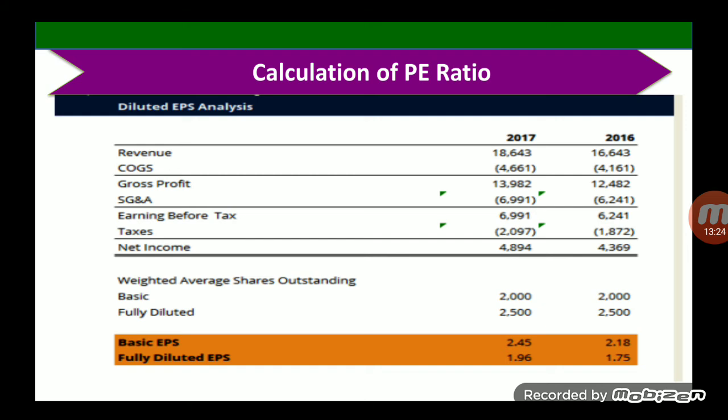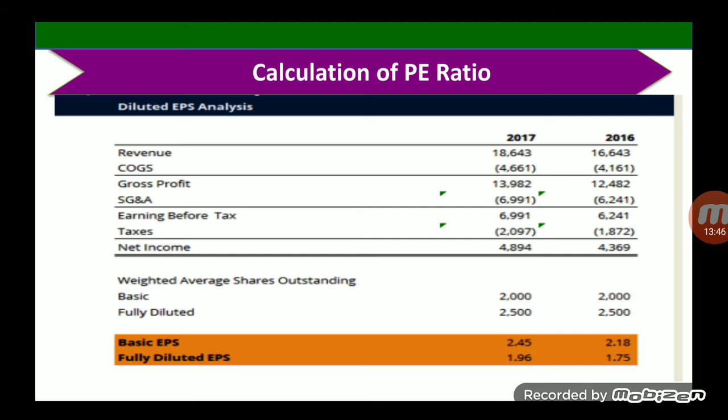So net income is 4,369 in 2016, and in 2017 it became 4,894. Now the basic shares were 2000 in 2017 and also in 2016.